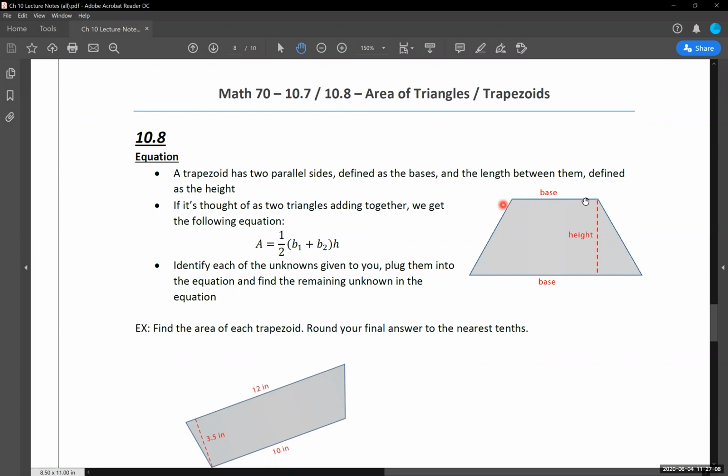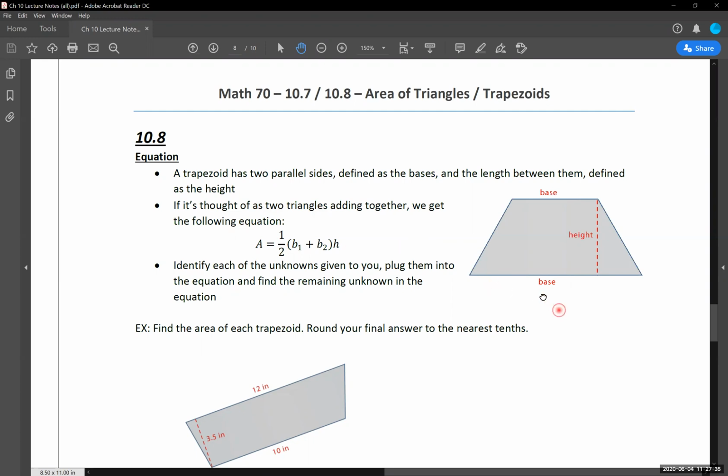Here is a base, here is a base, and the height is this distance that runs right between them. So we also have our general equation for the area of a trapezoid. That equation is going to be 1/2 times the quantity of base 1 plus base 2, and all of that multiplied by the height.